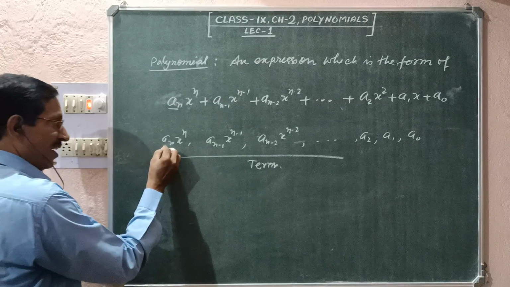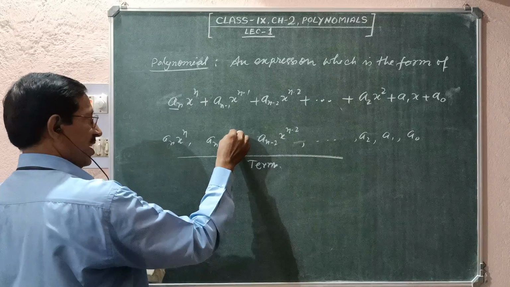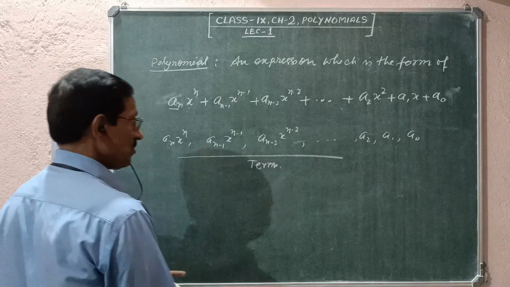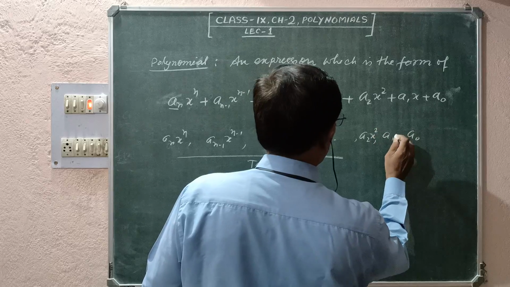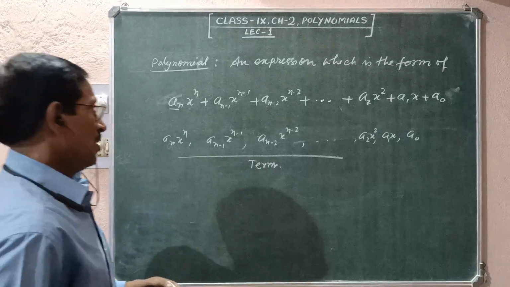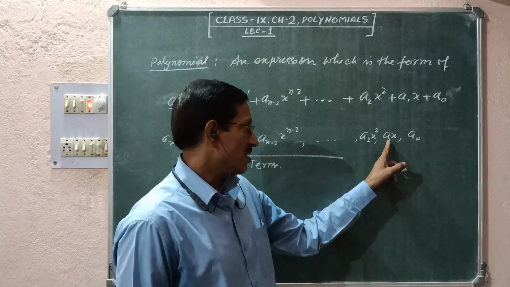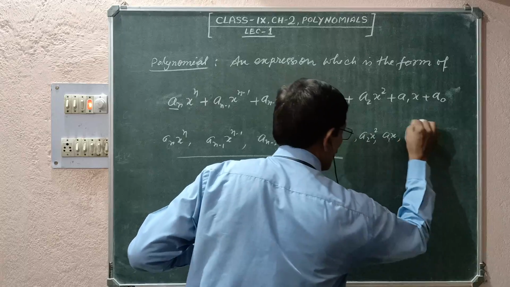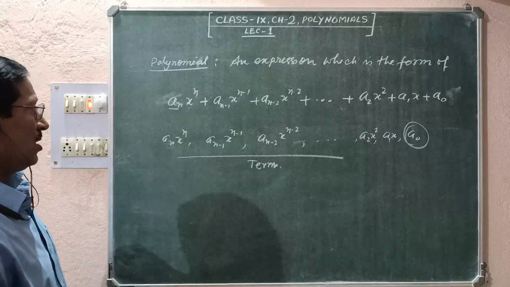And a n is the coefficient of x to the power n, a n minus 1 is the coefficient of x to the power n minus 1, and in this way it is x square left. So we can write like this, a1 x and this. So these all are the terms, and a2 is the coefficient of x square, a1 is the coefficient of x, and a0 is known as the constant term, in which there is no variable.